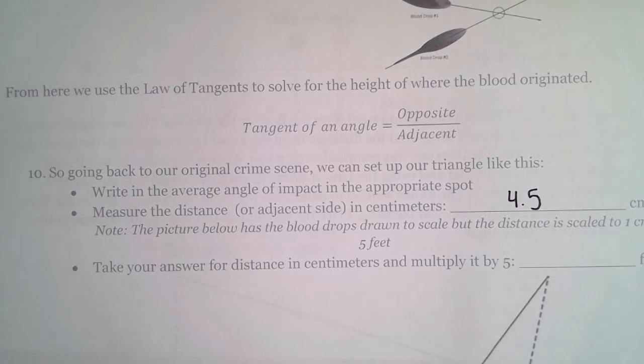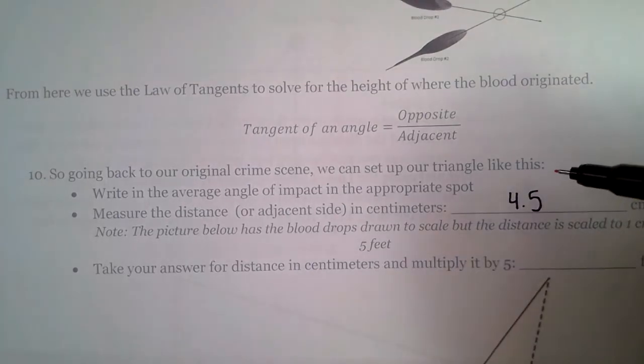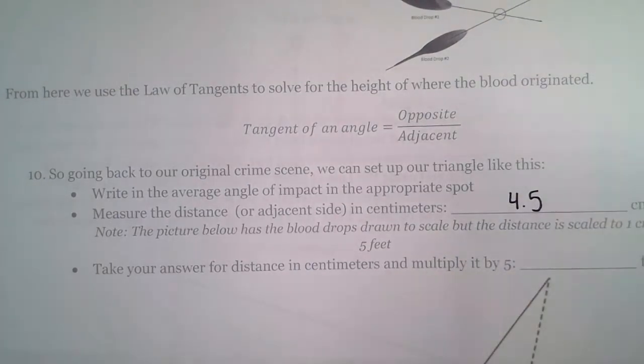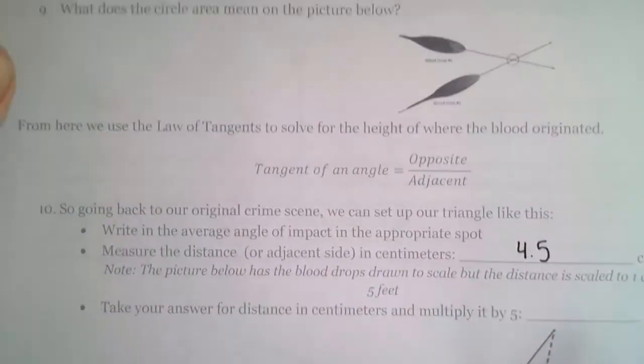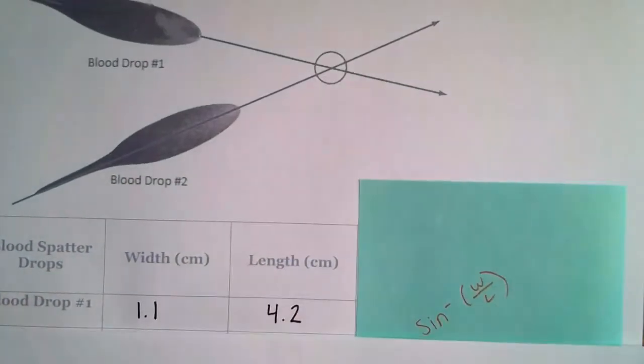Now we're going to take it one step further to figure out the line of convergence. We use the law of tangents to find it. So if we think back to our original crime scene, which is the one that we began talking about all the way back in number 7.